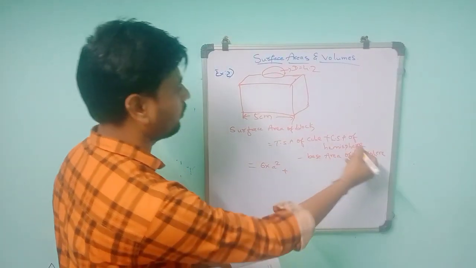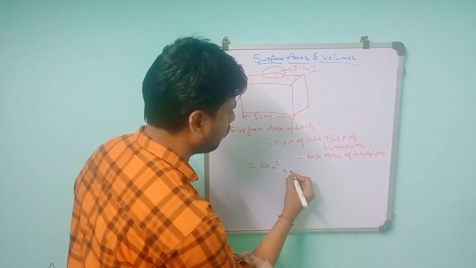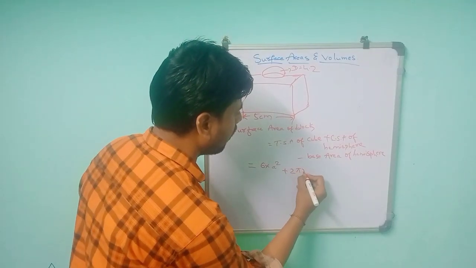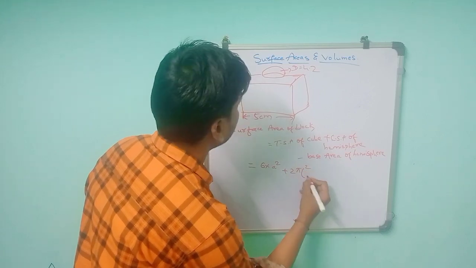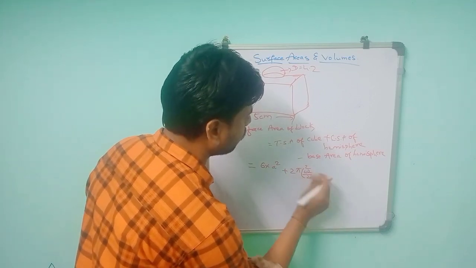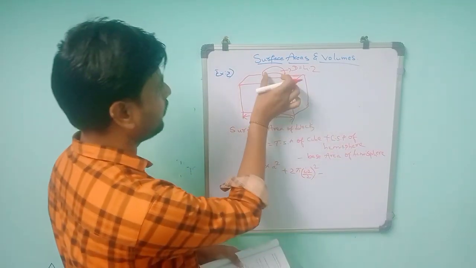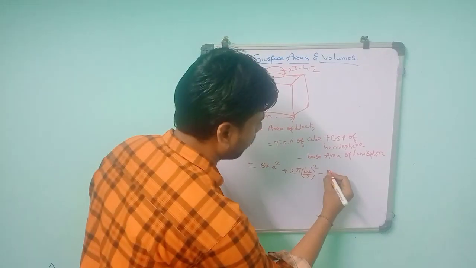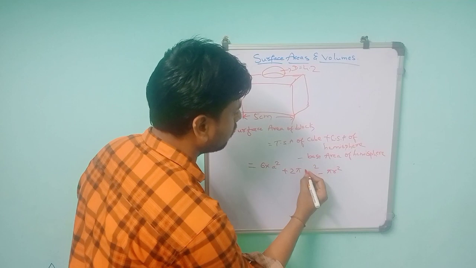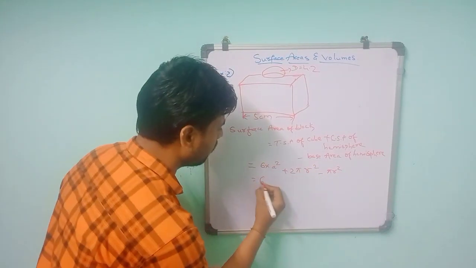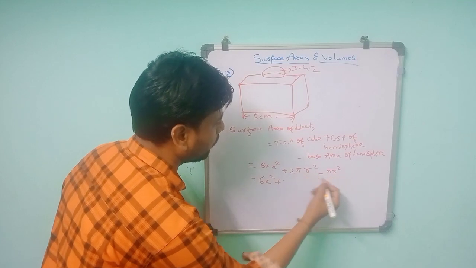Then plus the curved surface of the hemisphere. The diameter is 4.2, so r is 2.1, because we divide 4.2 by 2. The formula is 2 pi r square, minus the base area, which is pi r square. So 2 pi r square minus pi r square gives pi r square.